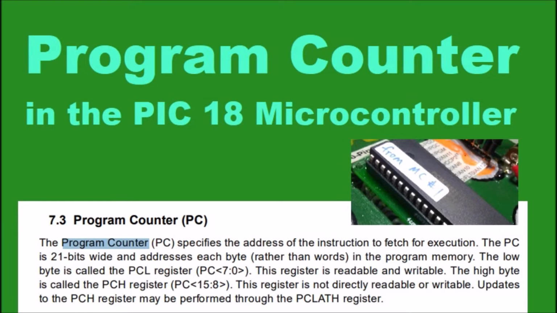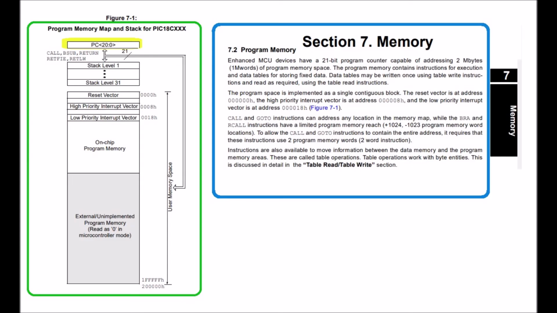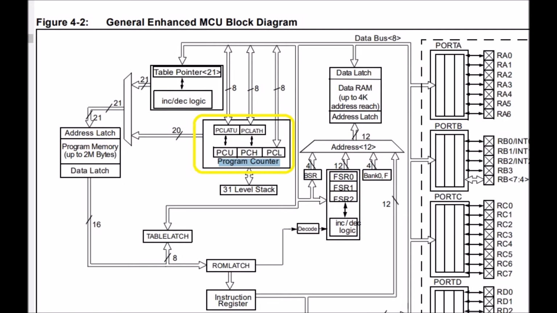And finally, I am getting to today's topic, which is the program counter in the PIC. The program counter is used to point to different addresses in ROM memory. ROM memory, of course, is where you have stored your program code in the PIC when you flash it. So your program counter goes through your code sequentially and executes one opcode at a time.